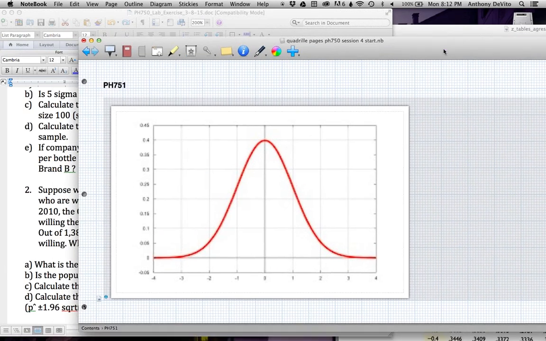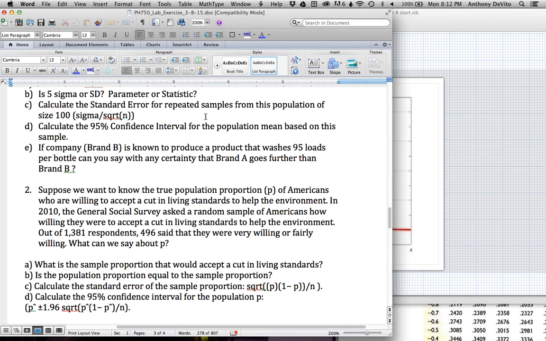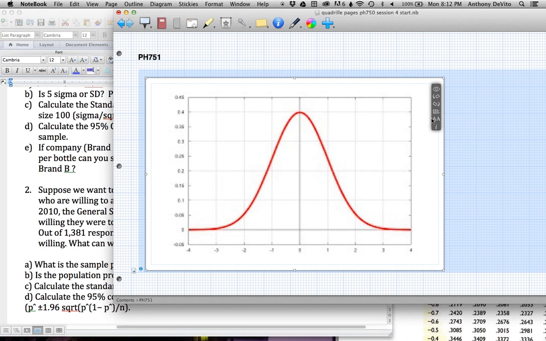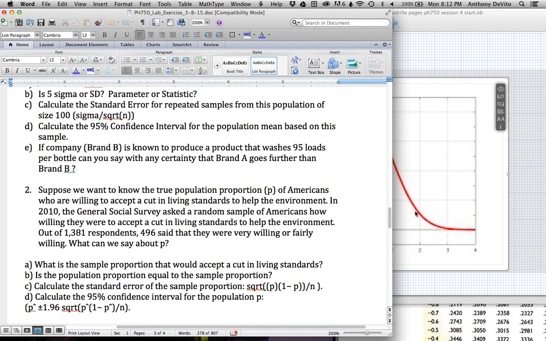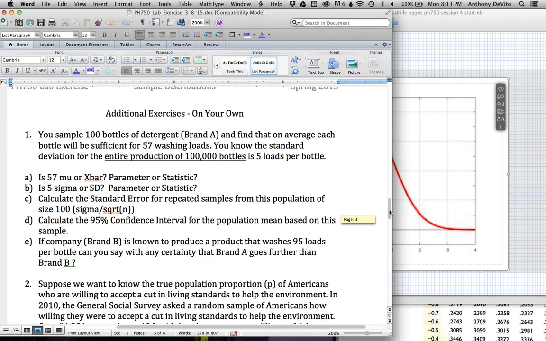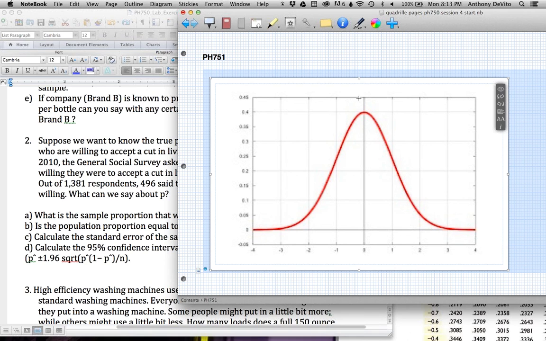Okay, so let's take a look at this. Calculate the standard error for repeated samples of size 100 from this population. What was the mean that we got for these 100 bottles? 57. Okay, so the mean is 57. And what's our standard error?